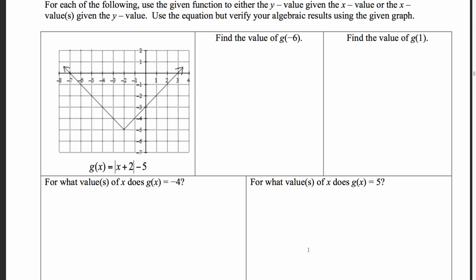The rest of you, try to work it out and see if you can beat them. By the way, the equation is right here in case you missed that: g of x equals absolute value of x plus 2 minus 5, right?